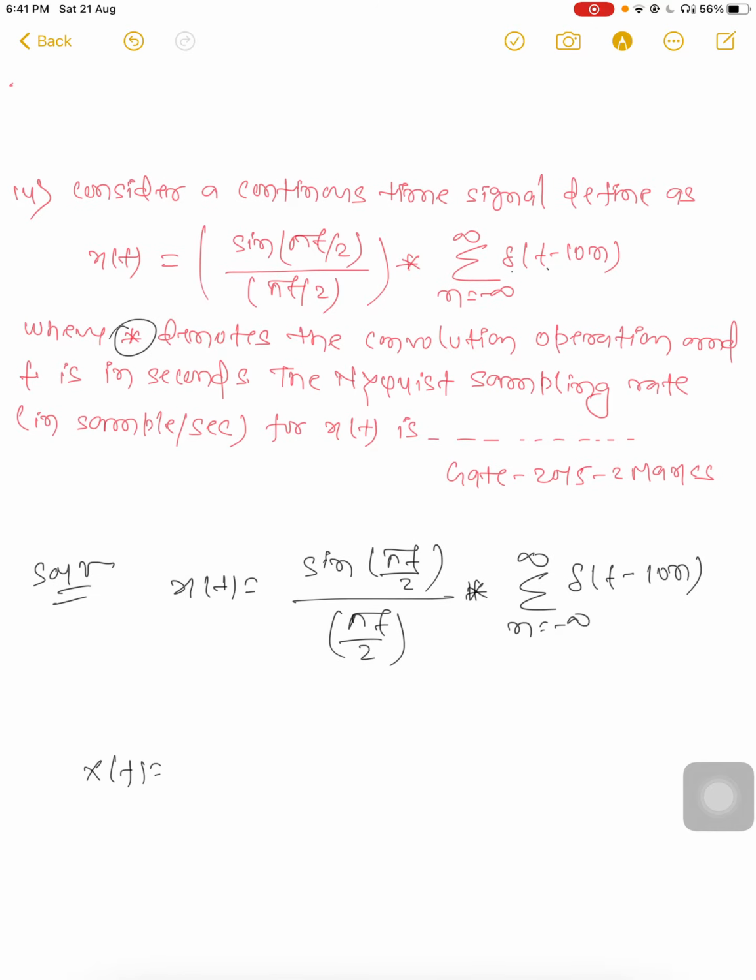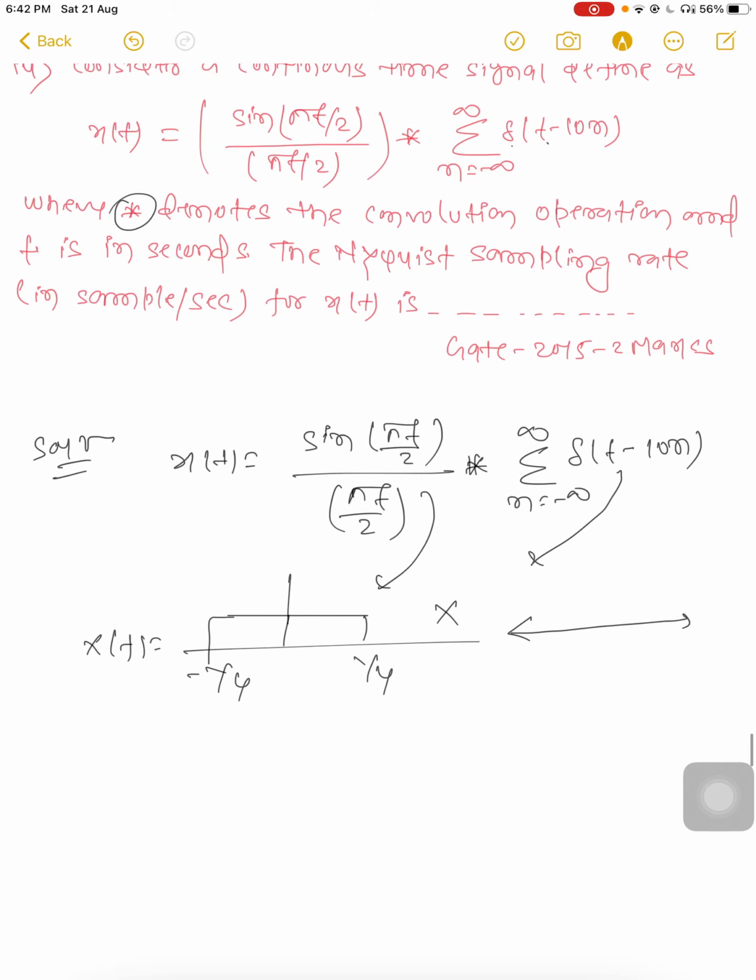Okay, so xf is equal to 1 by 4 and convolution of this one. For this one, you will get 0 at 0.1, 0.2, and here minus 0.1.